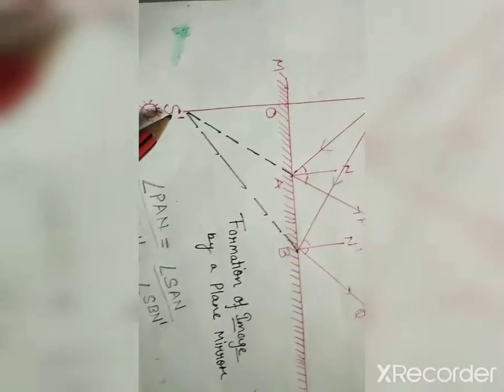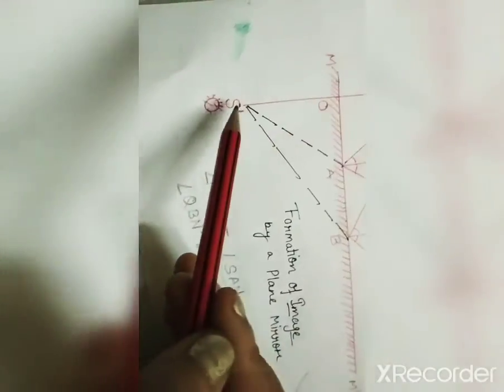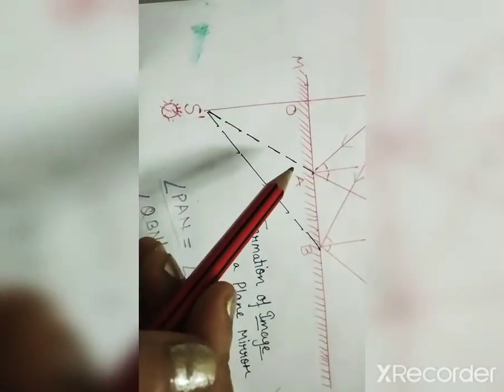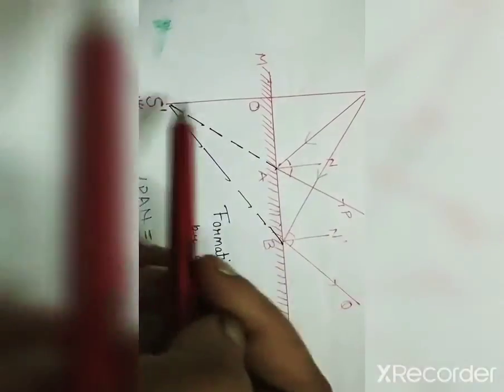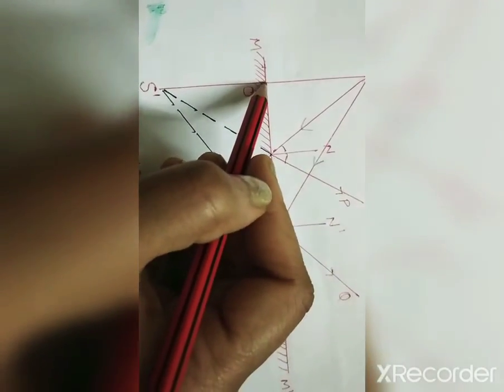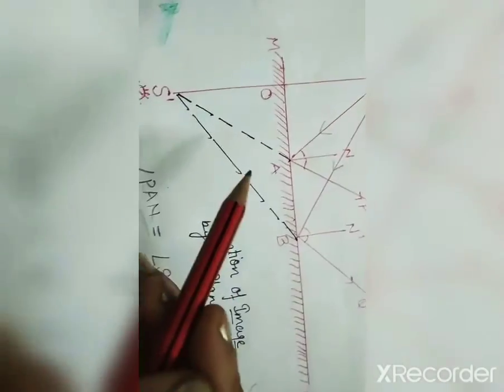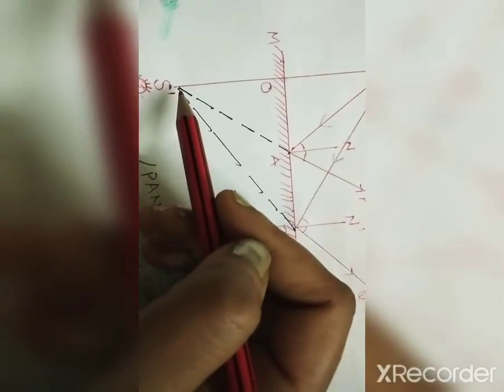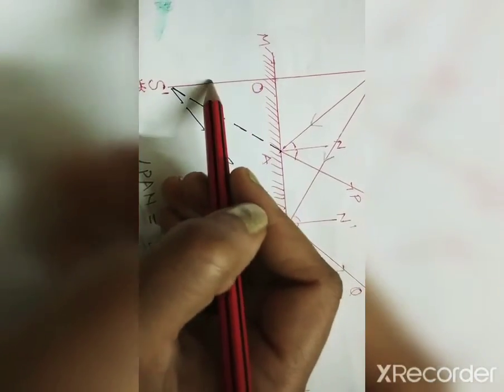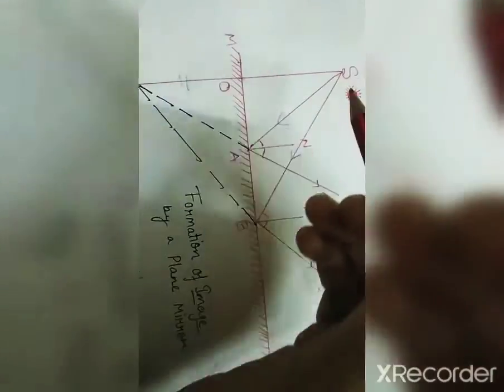Now if we join S and S dash, it will cut the mirror at a point O. Okay, so what do we find out? We find out that S dash O will be equal to OS.